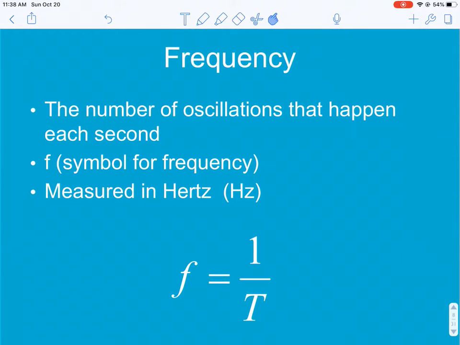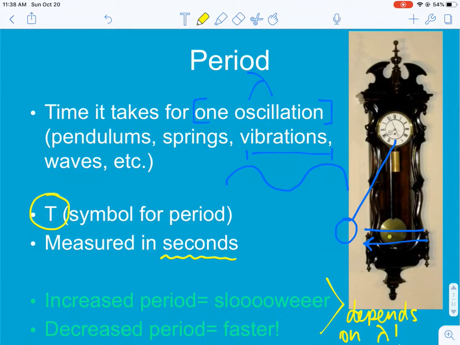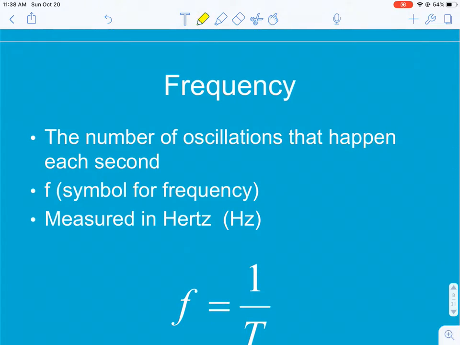So frequency is the opposite, whereas period was seconds for one oscillation. If we switch those, that gives us frequency. Number of oscillations for every 1 second. And remember, an oscillation is like saying a wavelength.